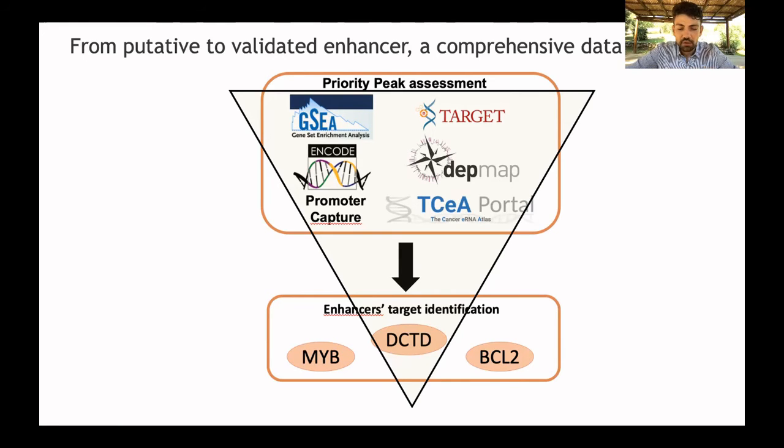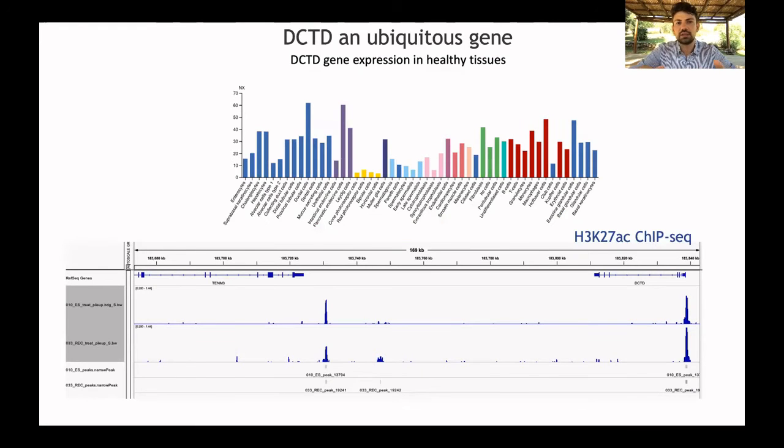So these three genes are each regulated by a single enhancer that evolves during cancer evolution. We focused our attention on the DCTD enhancer because it was interesting. DCTD is a very ubiquitous gene that is expressed in almost every tissue in the body.